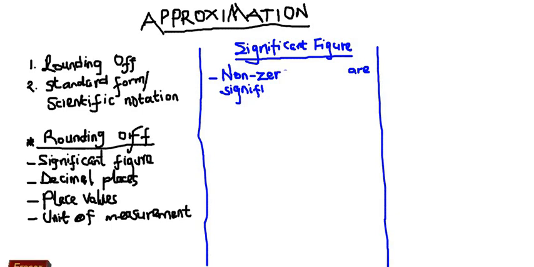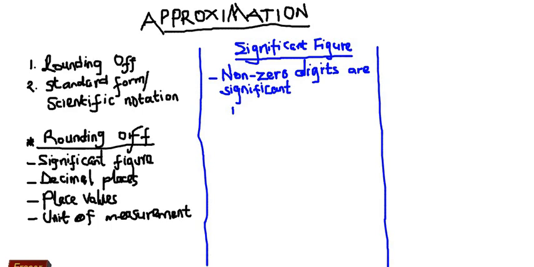If you have been given a number and you want to determine how many significant figures it has, you first count off all non-zero digits. Those are automatically significant figures, because they are giving you a specific magnitude of a quantity.